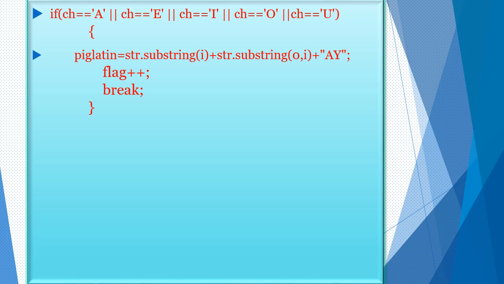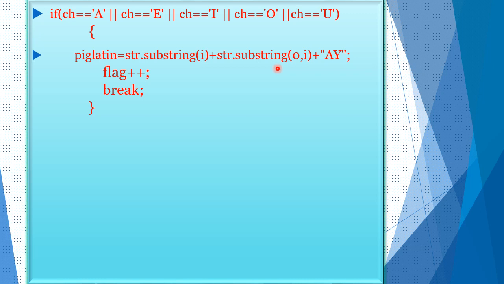plus str dot substring 0, i. Here the letters or alphabets before the vowel, if any, will be extracted. So what does this form of substring function do?